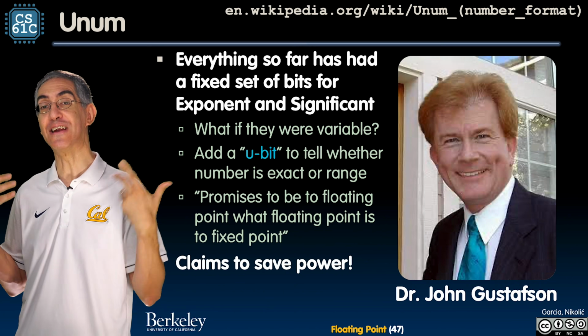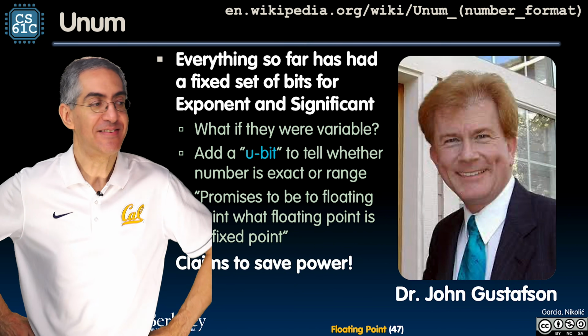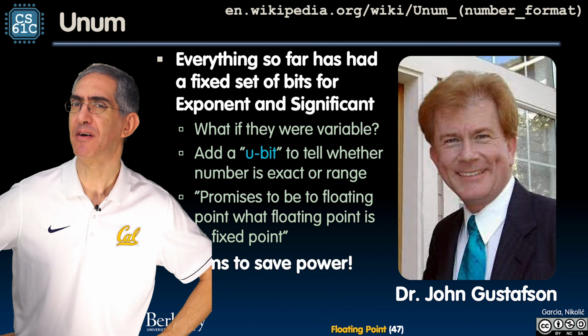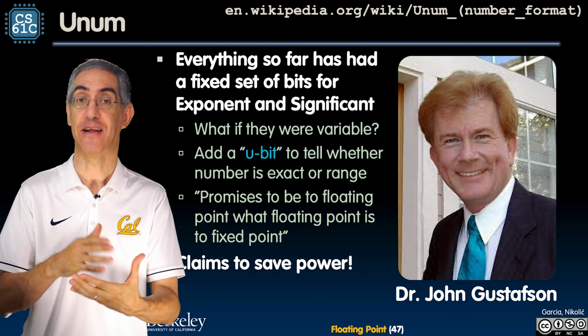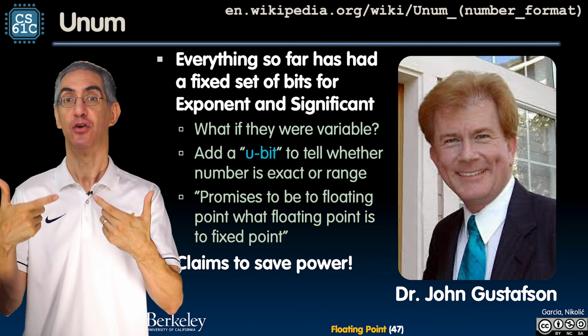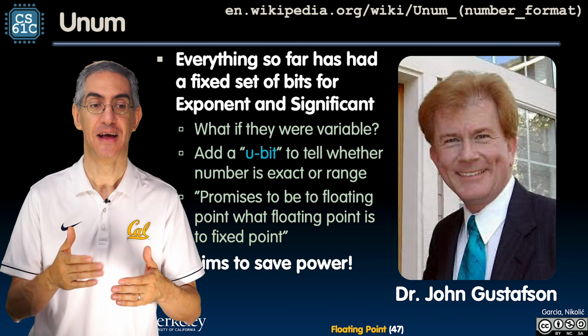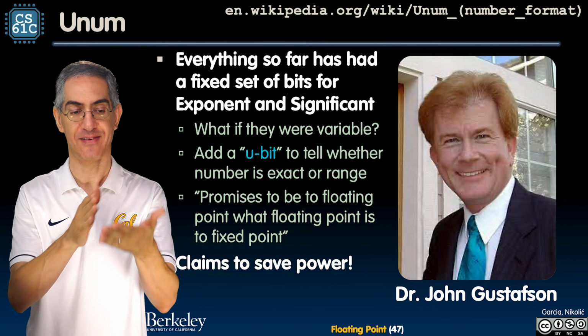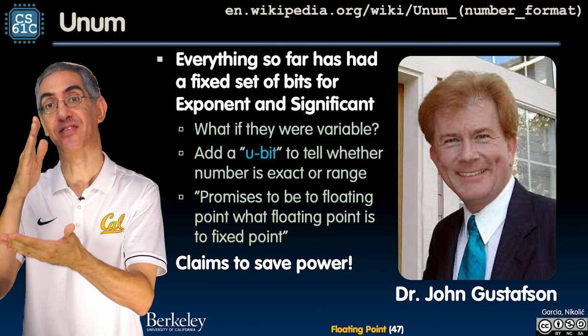Here's a really interesting idea. This is Dr. John Gustafson. He said, remember what we didn't like about fixed point? You kind of locked in where the binary point was. Let's be clever. You saw that all those previous formats locked in what the sign bit was, the exponent bits were, and the significand bits were.